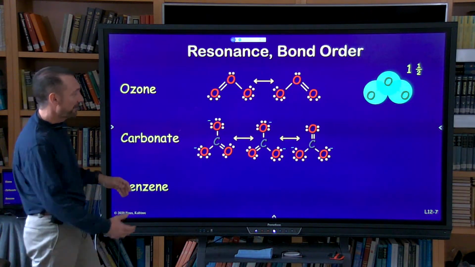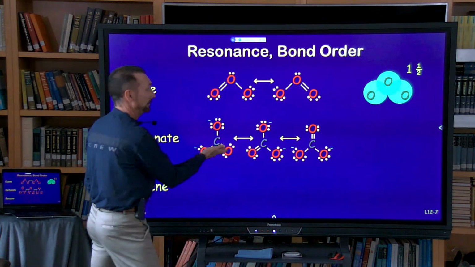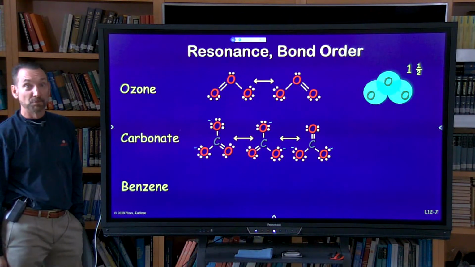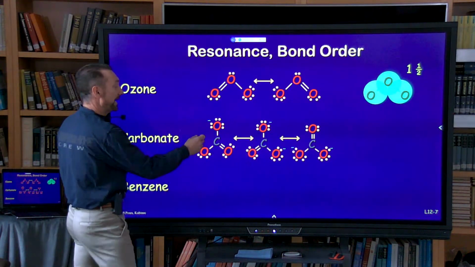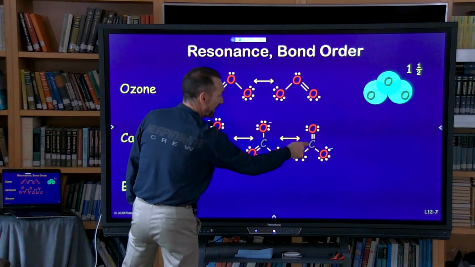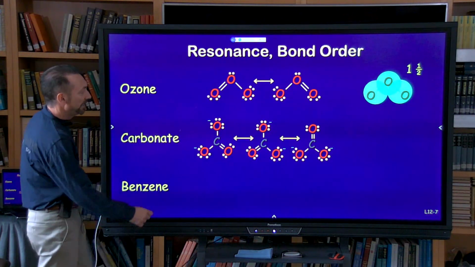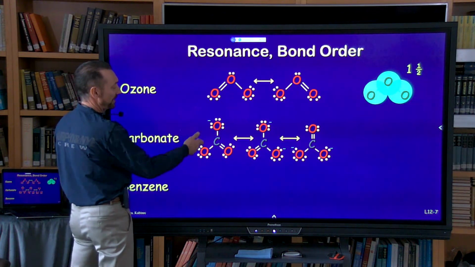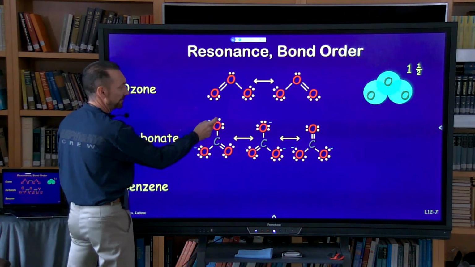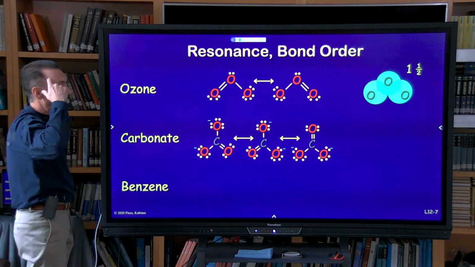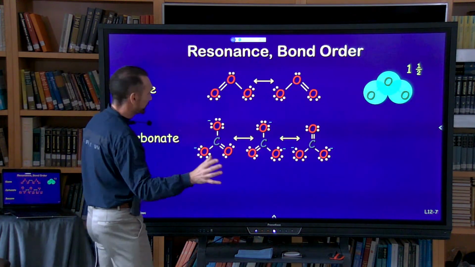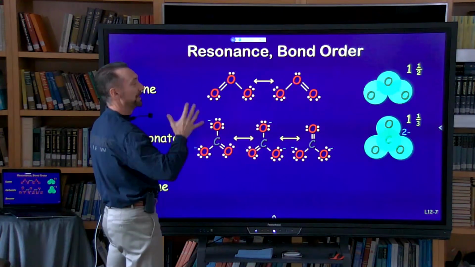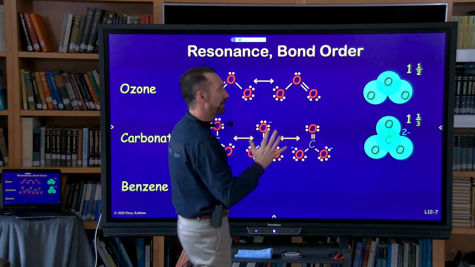Here's the carbonate. Now I have 3 possible resonance structures. These are all equivalent, and the double bond could be on any one of the oxygens. And now carbonate is an ion with 2 negative charges. The negative charges bounce around, but the whole molecule does not do that. The whole molecule has a negative charge, a -2 charge on it.